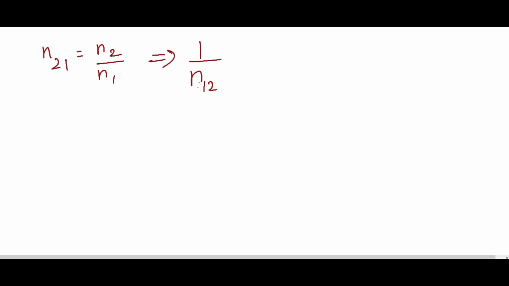What is the formula for n12? It is nothing but n1 by n2. So I can reciprocate and write this. That's the story over here. So here it is n2 and n1 will come. Then only here it is correct. Can you see that? Both are the same.